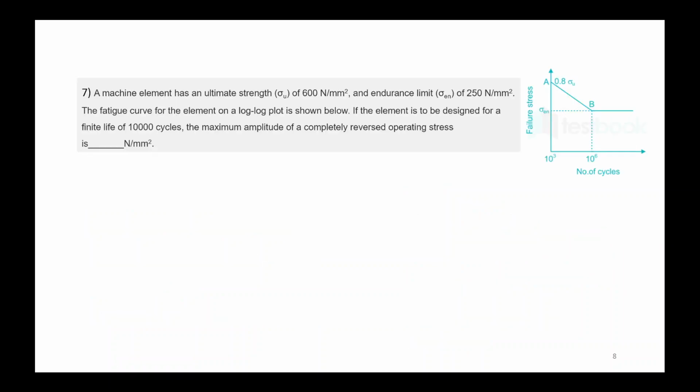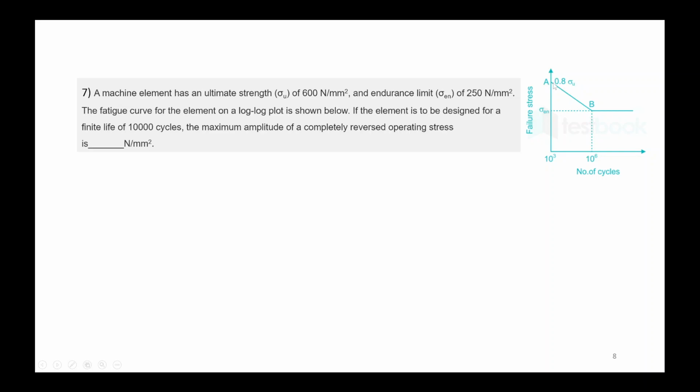Now this is another numerical. A machine element has an ultimate strength of 600 MPa and an endurance limit of 250 MPa. The endurance limit, we know, corresponds to 10 to the power 6 cycles, and the ultimate strength we know is for 0 cycles.